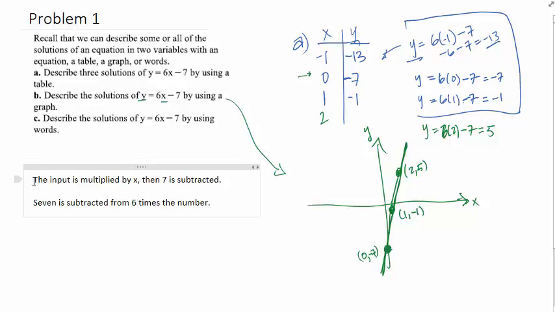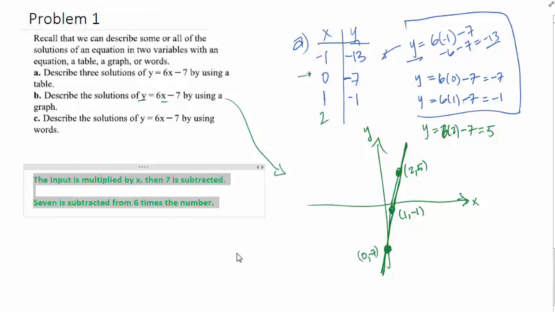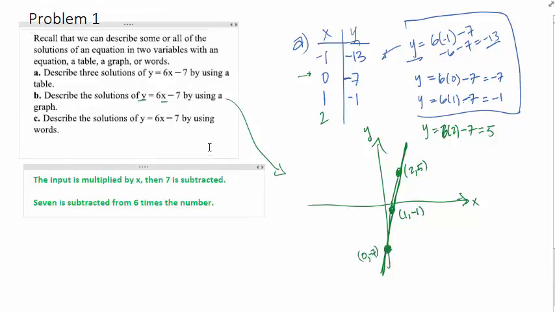Okay, so here are a couple ways to say it in words, and now we have successfully described our equation in symbols, in a table, in a graph, and in words.